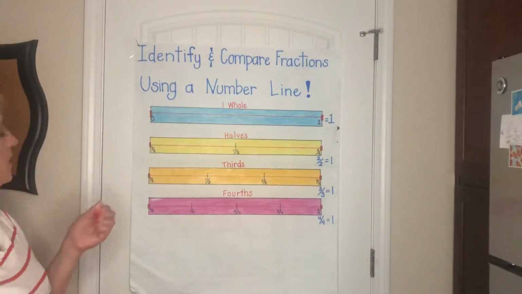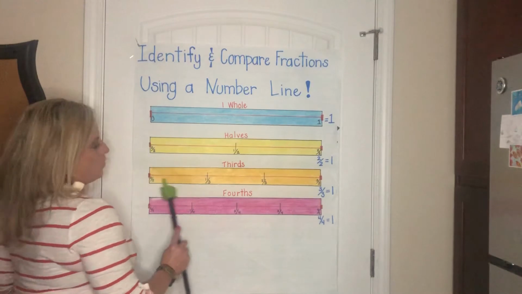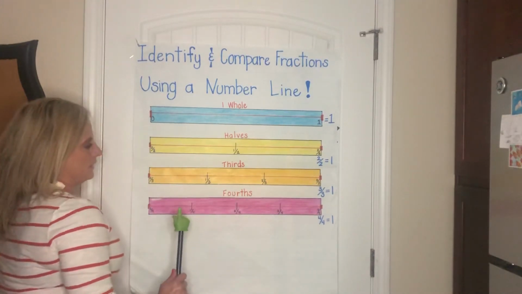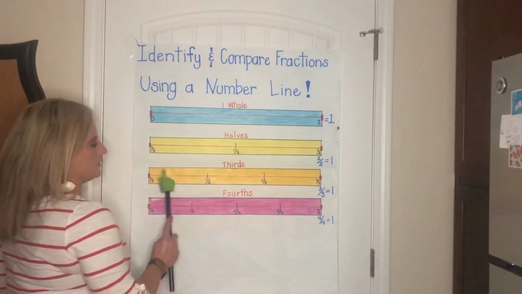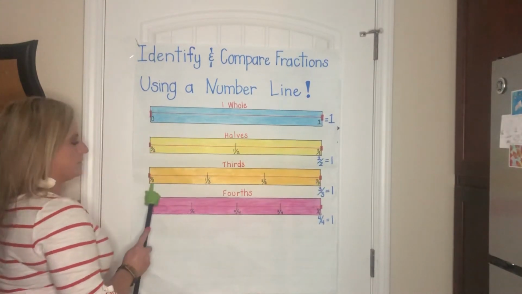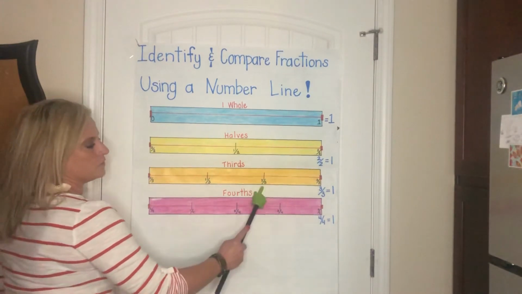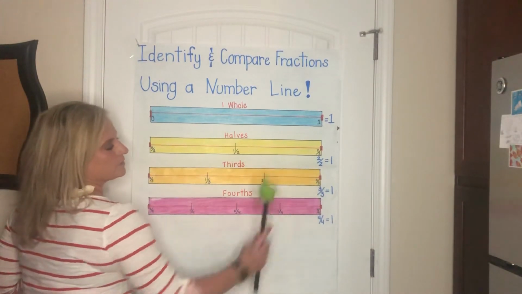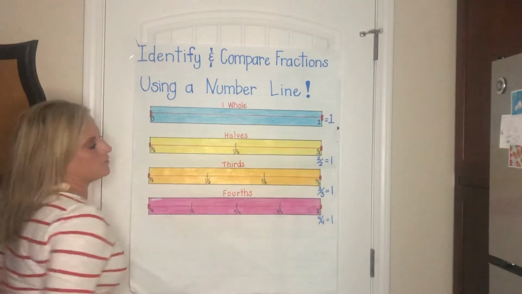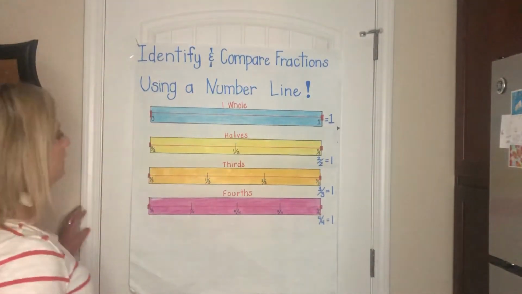For this one, I've split it into thirds. Again, we had one whole, and I took my number line and I split it into 3 equal parts. 1, 2, 3. Over here, I started with 0 thirds, 1 third, 2 thirds, 3 thirds. And once you get to 3 thirds, that equals one whole, okay?